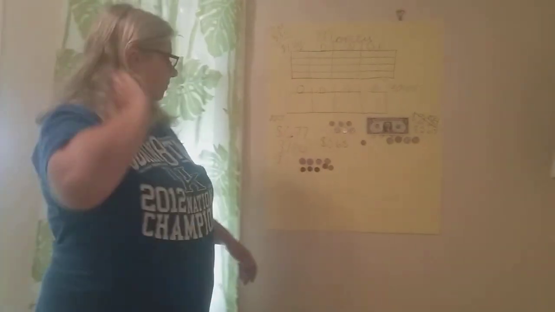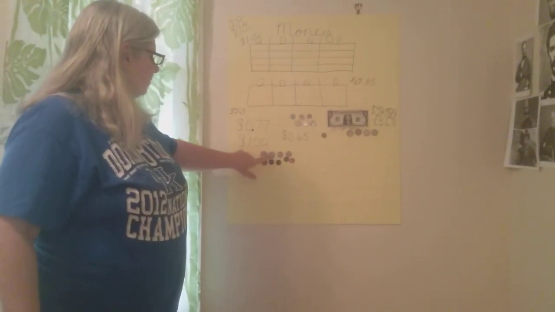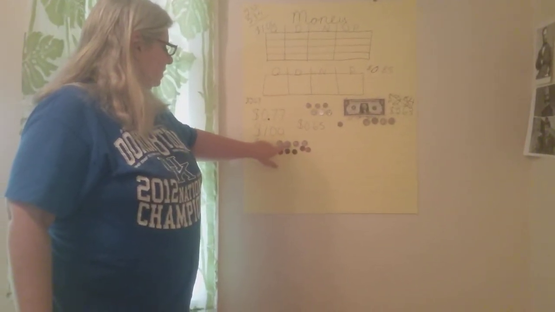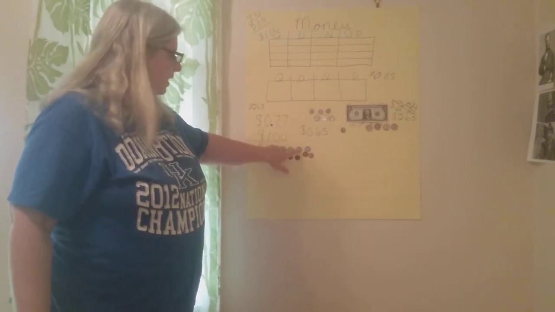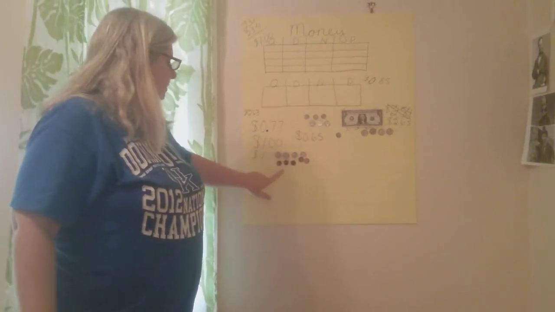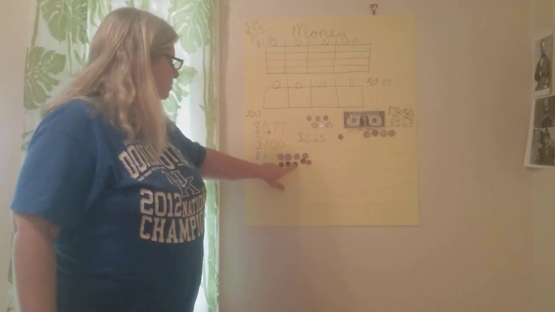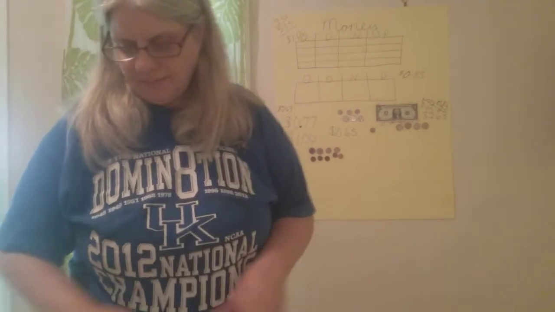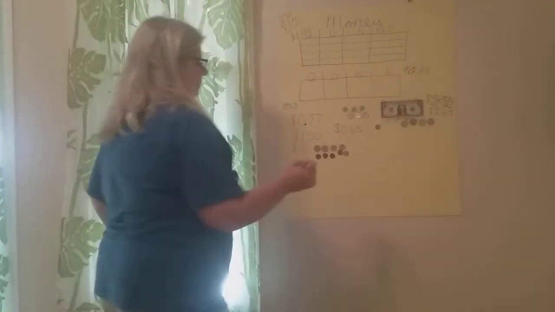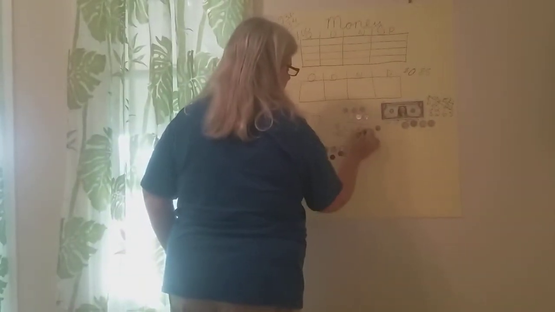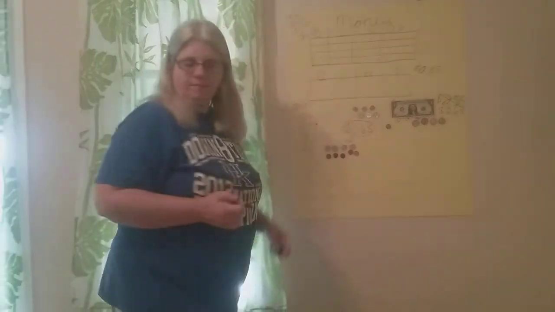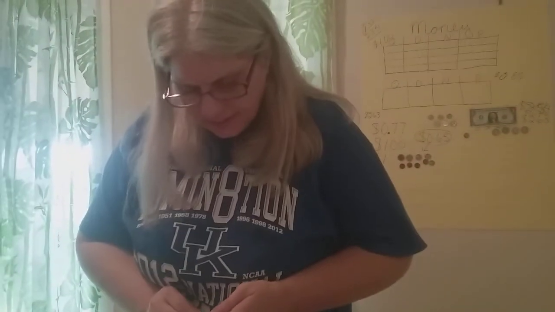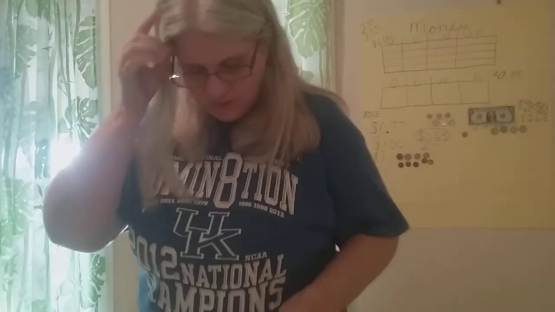So now we're going to count them. 25, 50, 55, 60, 61, 62, 63, 64, 65. Okay, so this one is 65 cents, which again will look like that. Okay, all right.